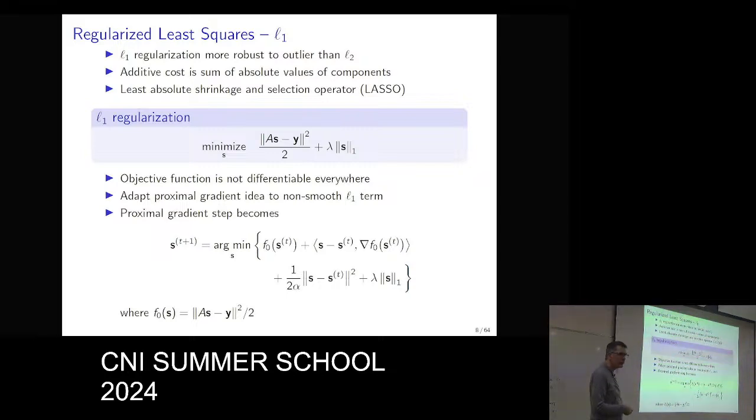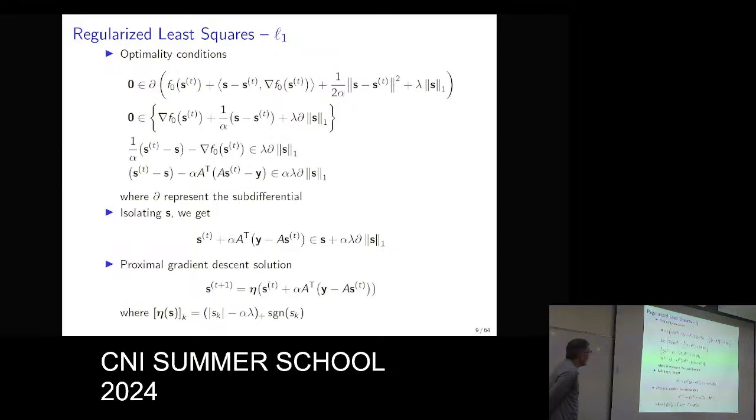Okay, and F0 in this case is going to be this over here. So if we do that, we go to the optimality condition that is going to look very similar to this, but in higher dimensions. So if your function is in general not differentiable everywhere, you have to deal with the possibility of having a subdifferential.